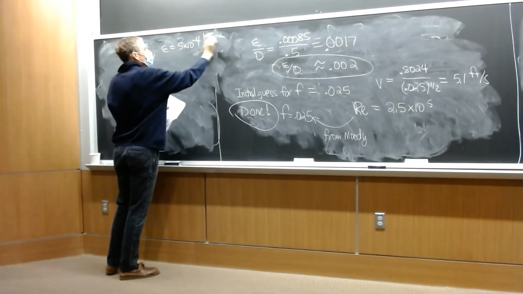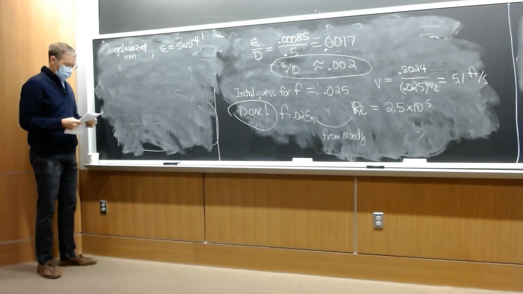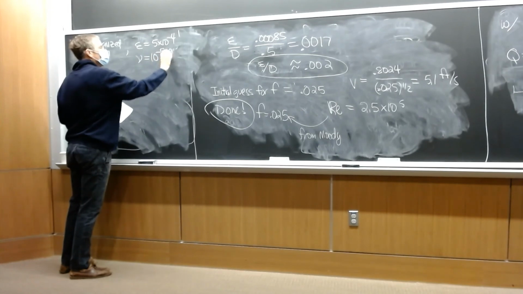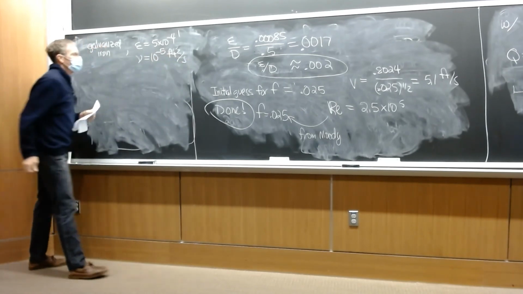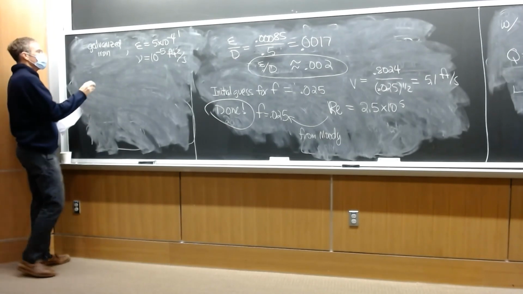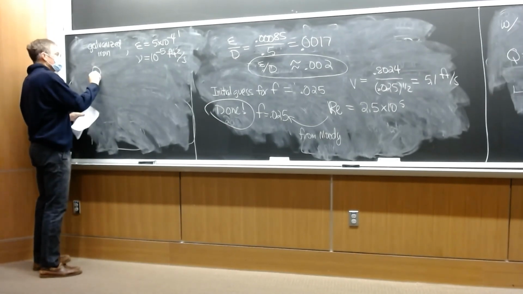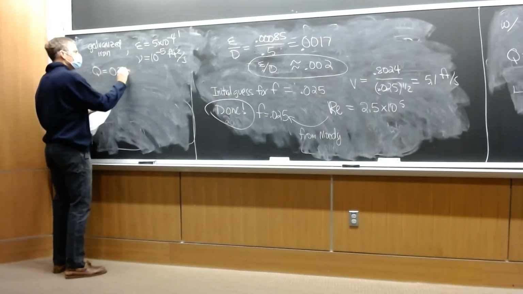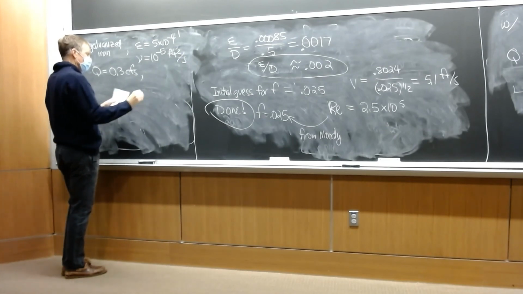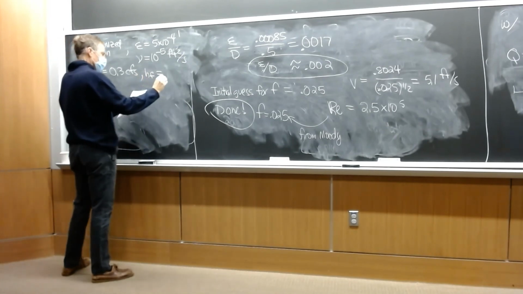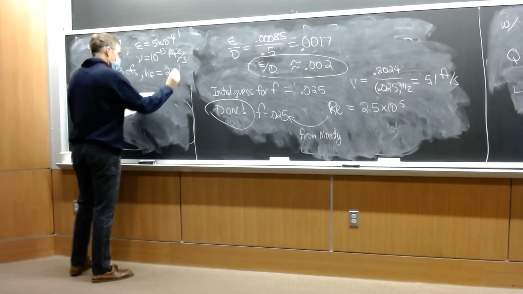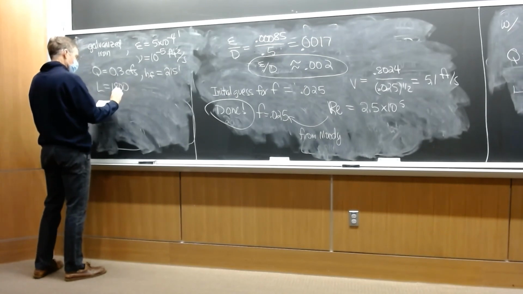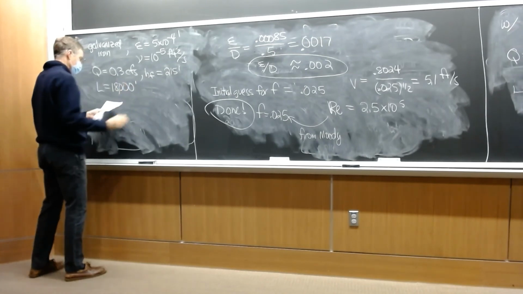This is also English units, so 5 times 10 to the minus 4 feet, using that standard value for the kinematic viscosity. But this time, rather than asked to solve, we're given the flow rate and the head loss and the length of pipe, 18,000 feet.